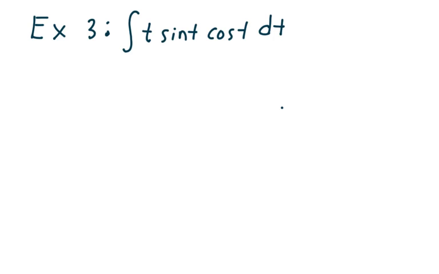Is this a power of sine and cosine? Not really, because there's a t located here. Would I solve this by partial fraction decomposition? Well, no, because I can't break apart any fraction. I don't see a fraction. So it's not partial fraction decomposition.